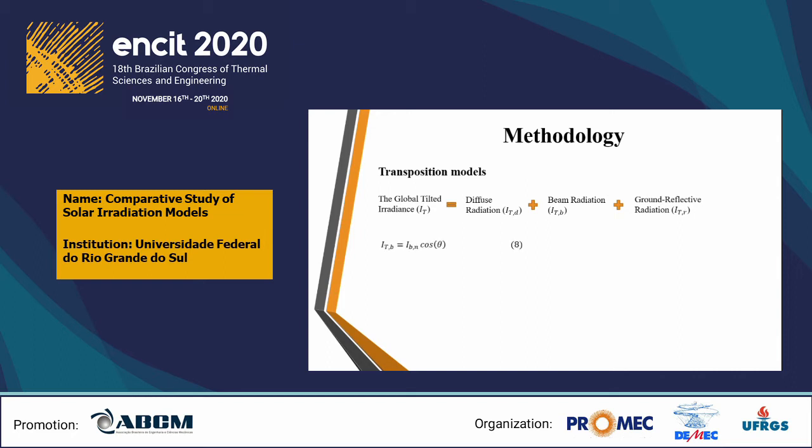The beam irradiation on the tilted surface can be determined through the geometric relation by considering the incidence angle data, as shown in equation 8. Ground reflective irradiation can be determined by means of isotropic models through a simple algorithm, as given by equation 9.